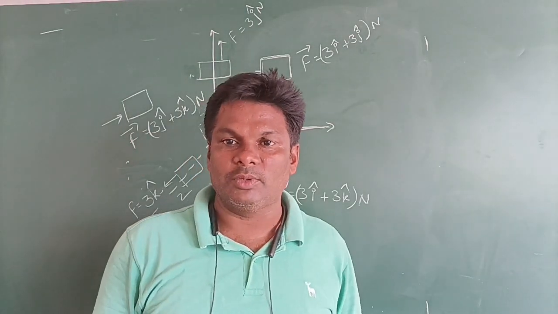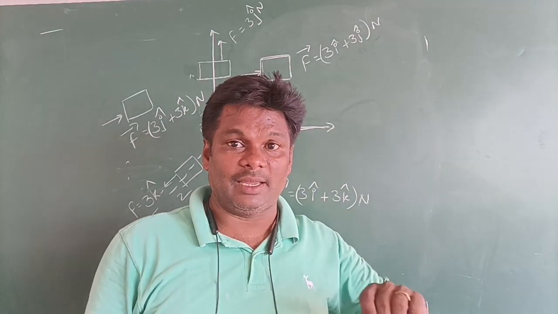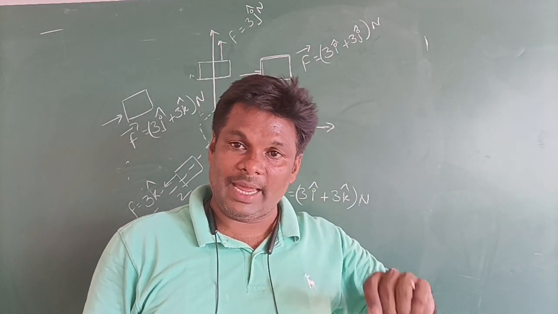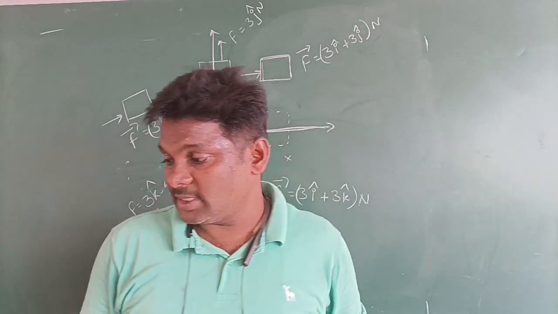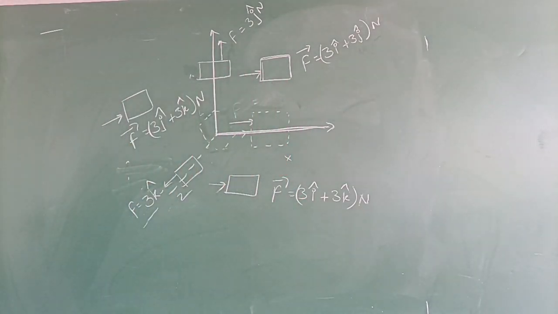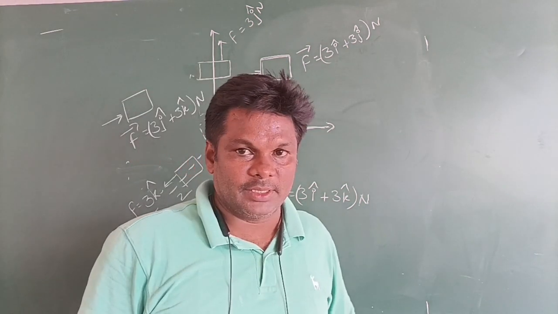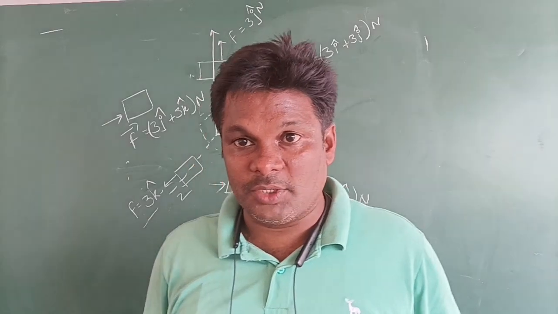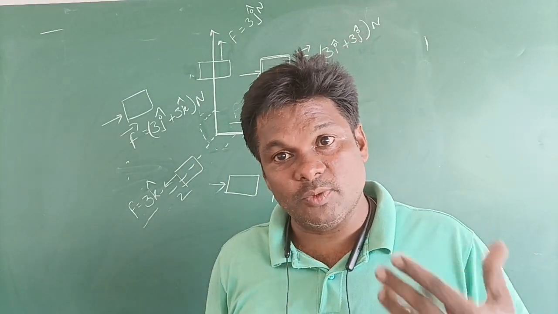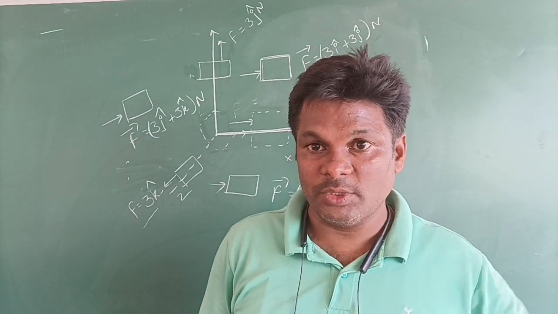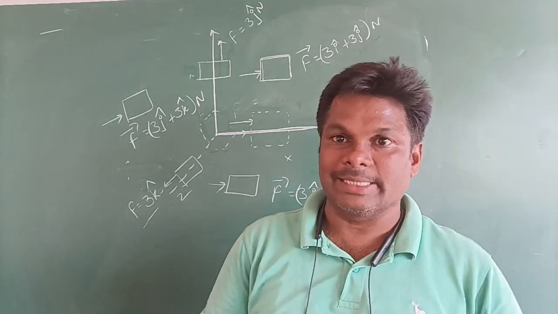So this is about forces acting along an axis and in a plane. Suppose it is along the x-axis, you need to mention its magnitude with i cap. If it is along the y-axis, you need to mention the magnitude with j cap. If the object is moving along the z-axis, you need to mention the magnitude with k cap.